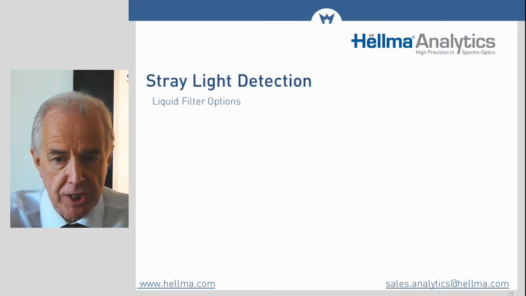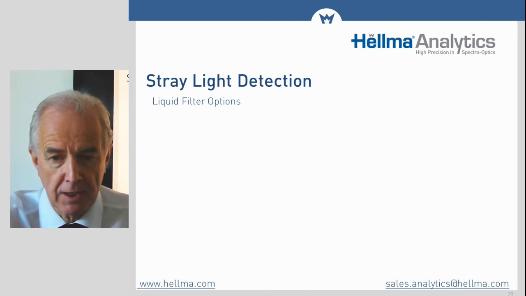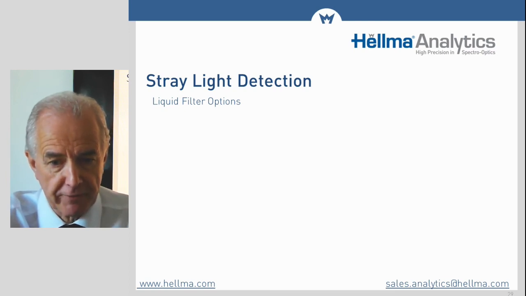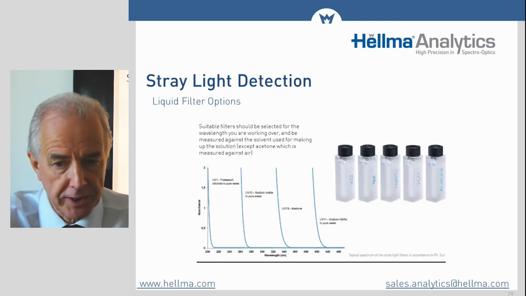Stray light can be checked by inserting a filter that absorbs all the light below a certain wavelength, known as a cut-off filter. These can be glass but are more commonly liquid filters made from various solutions. Potassium chloride has a cut-off at 200 nanometers, sodium iodide at 260 nanometers.